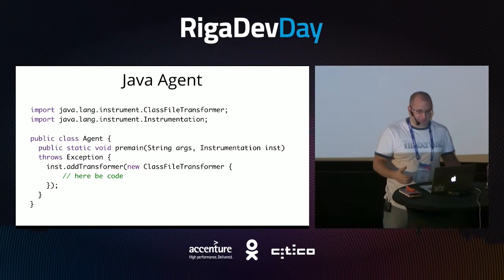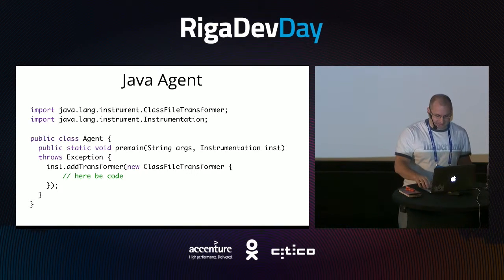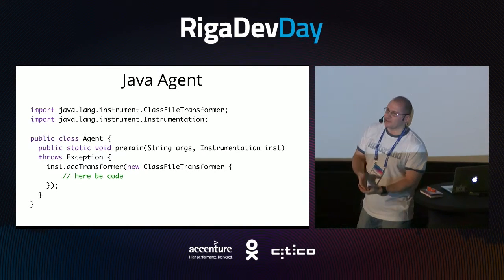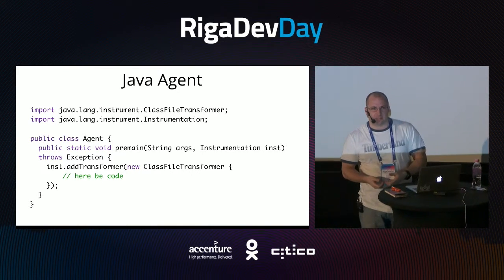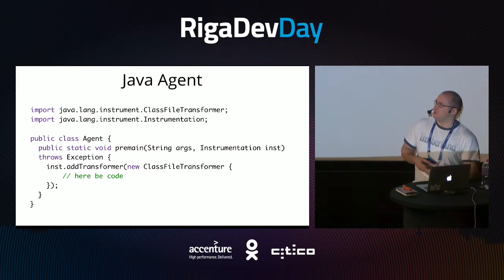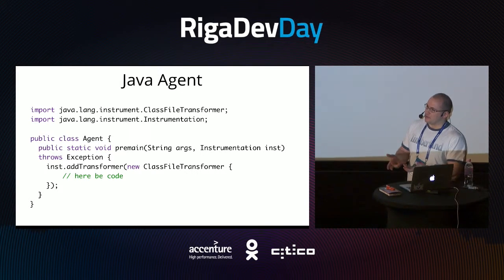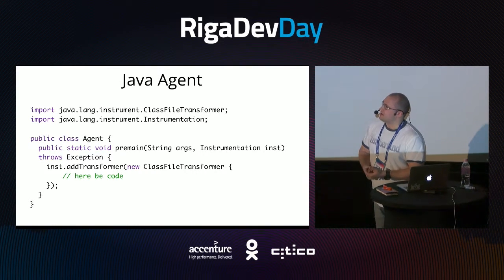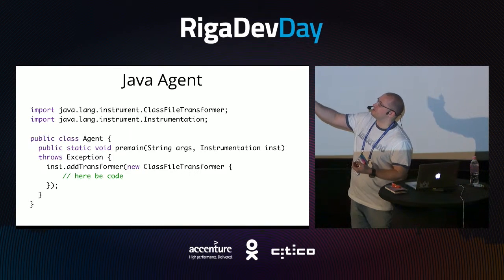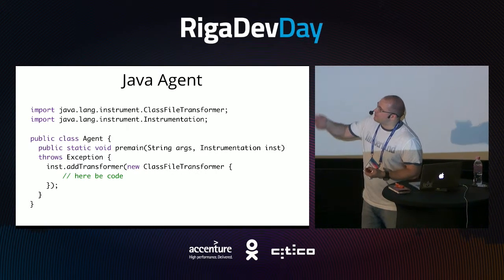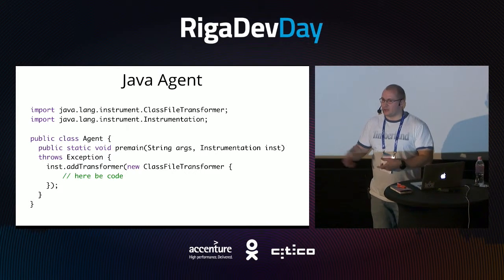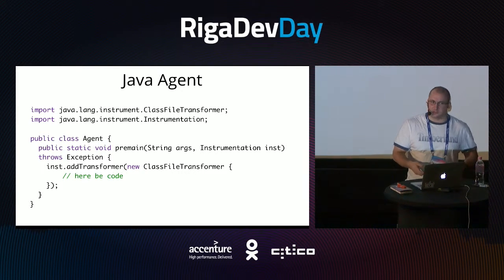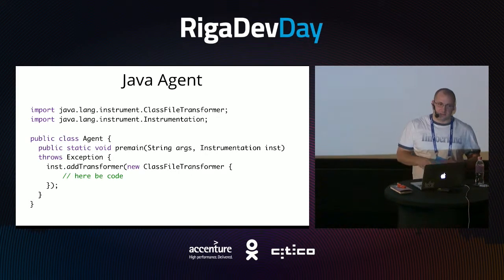All right, so there is an API, the Instrumentation API, that was introduced in Java 5. It was enhanced in Java 6. Basically, it provides you the convention that you may implement an agent by just implementing the premain method and specifying in the manifest when you package the application that that class is an agent.